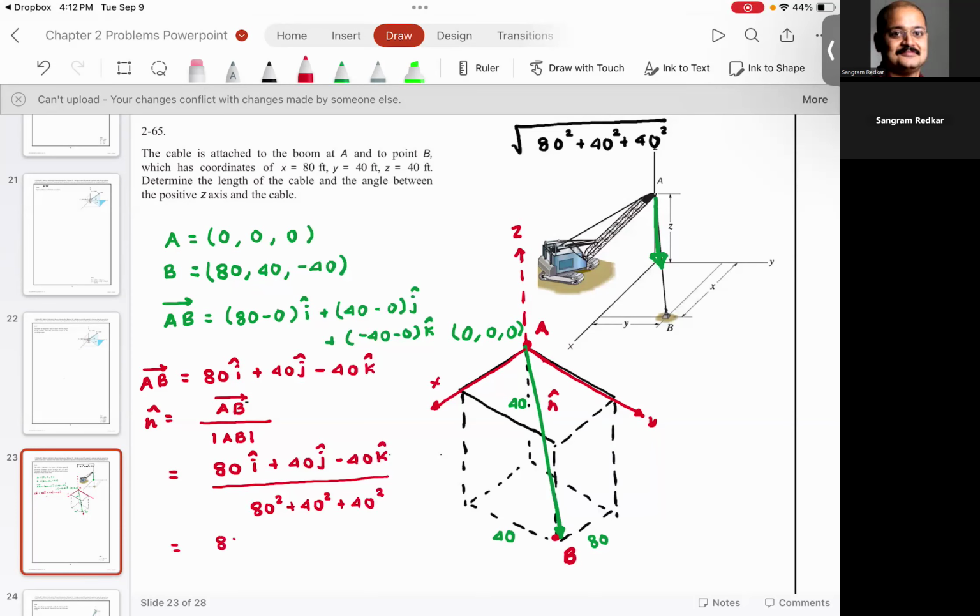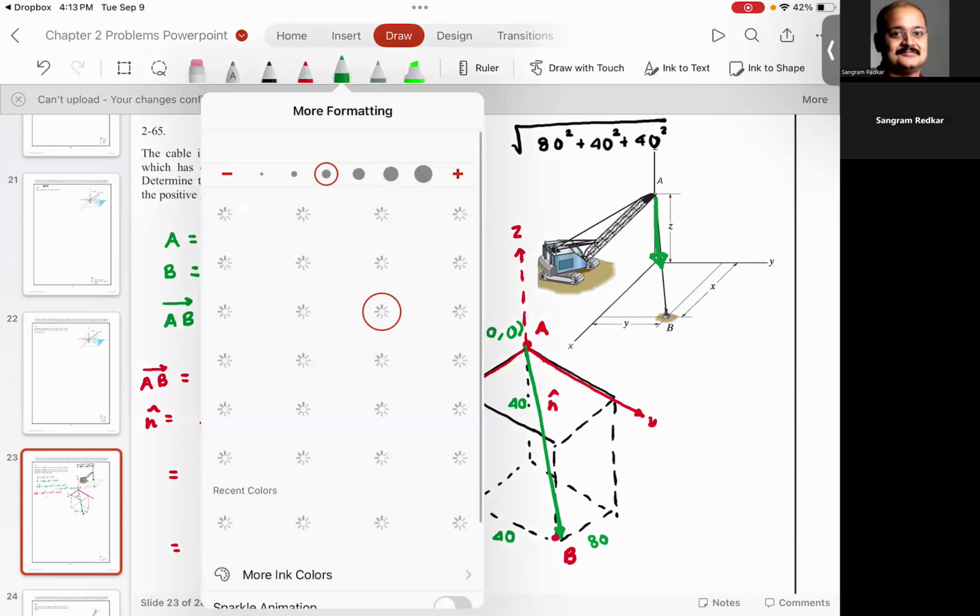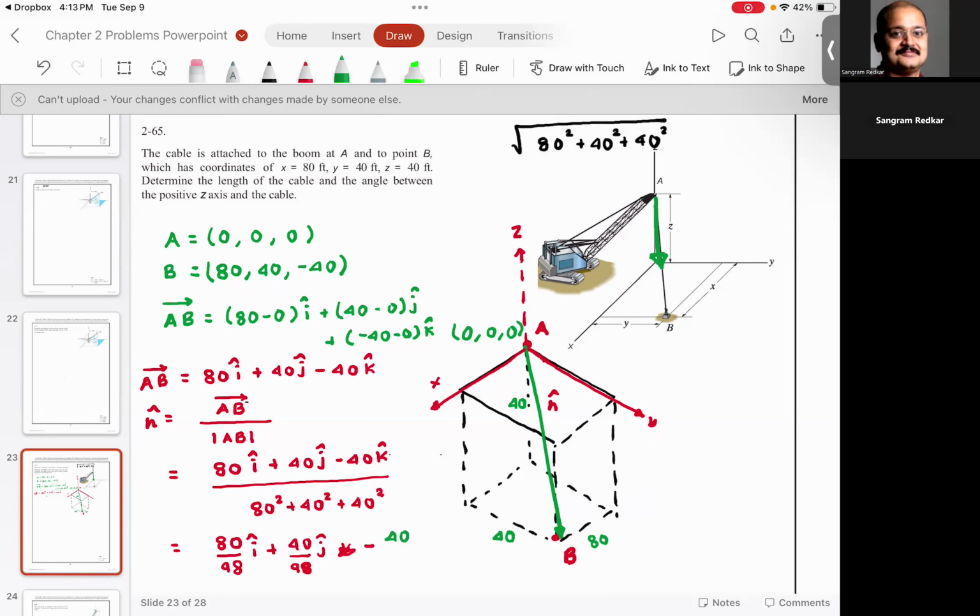So can I say this is 80 by 98I plus 40 by 98J and minus 40 by 98. Okay. You agree with me? Yeah. This is the square root. So 98 is basically the square root of that.